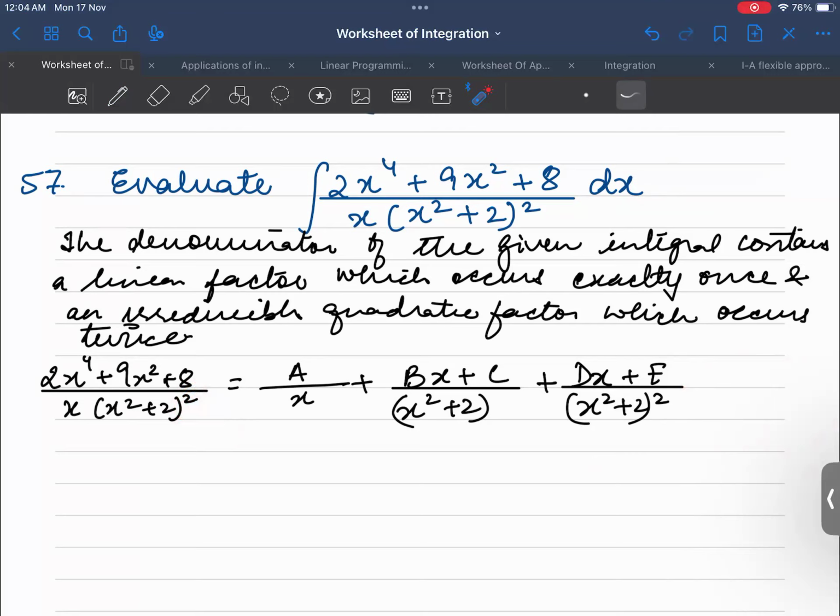Now, let me solve it. We all know we will take the LCM and then it would be cut.